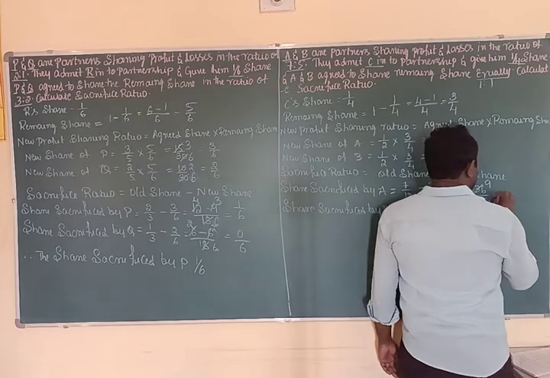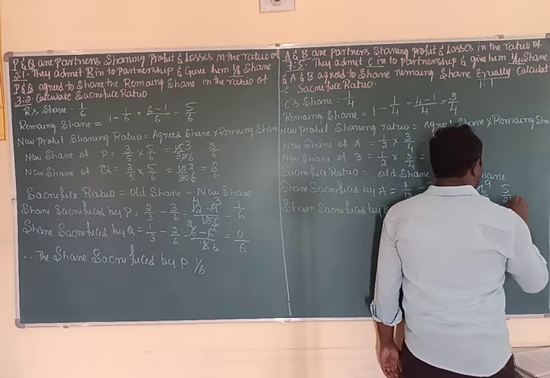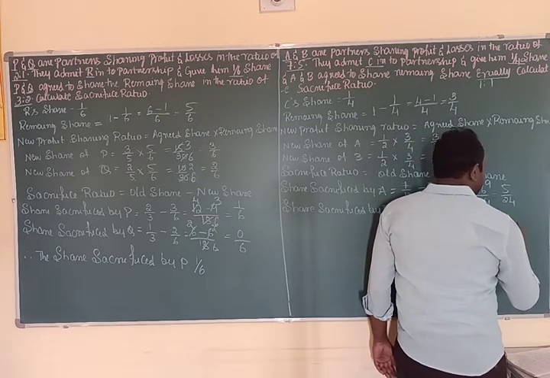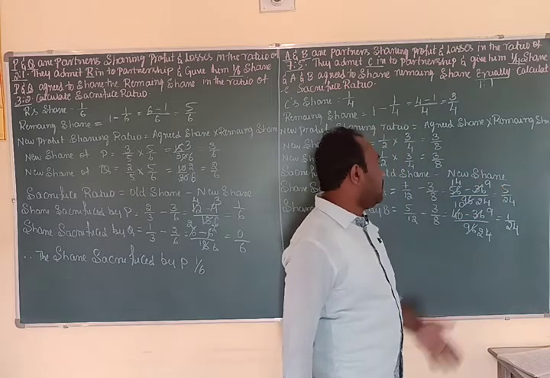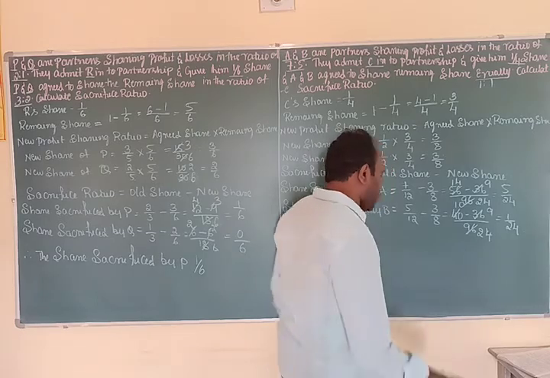Here I get 14 minus 9, 5/24. Next, 10 minus 9, 1/24. Here the sacrifice ratio of A is 5/24 and B is 1/24.